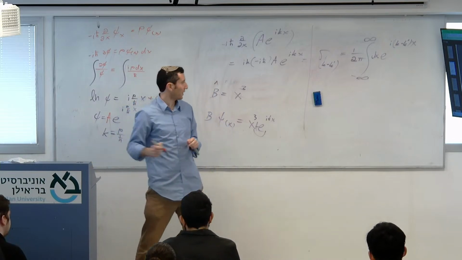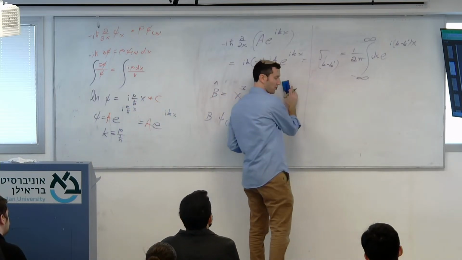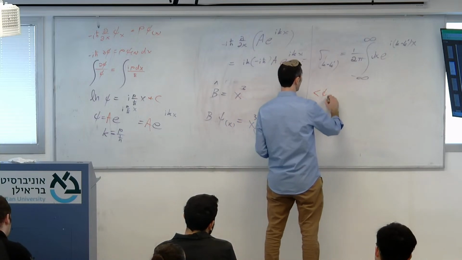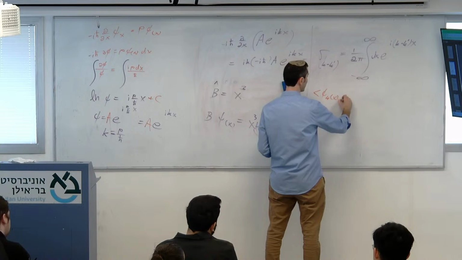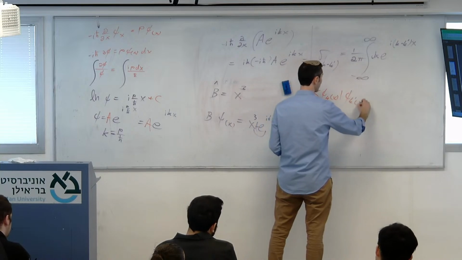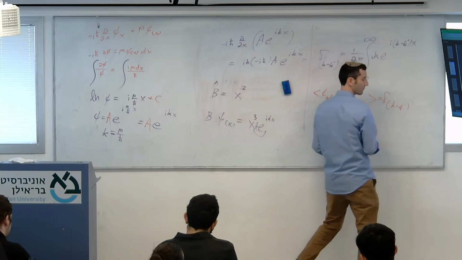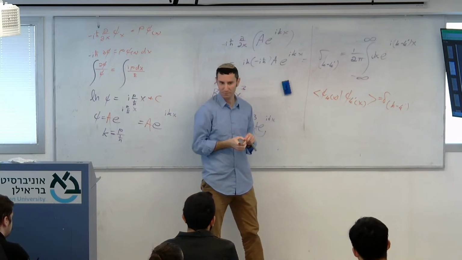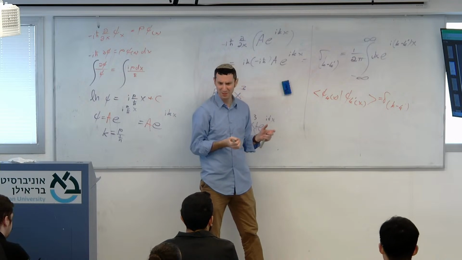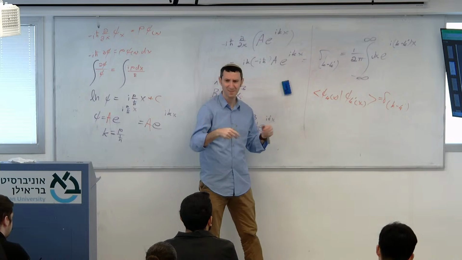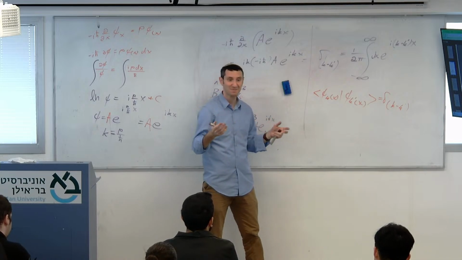Meaning, if I show it in the bracket notation that I presented last week, I want the inner product of phi k of x and phi k prime of x to be delta of k minus k prime. K prime, is this how we'd say that in English? Prime is derivative, no? K tag, k tilde. No, k prime.